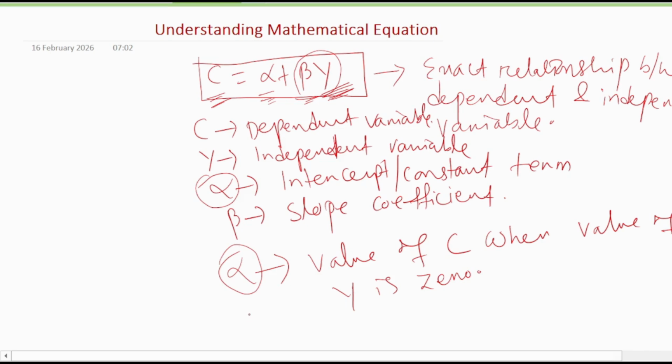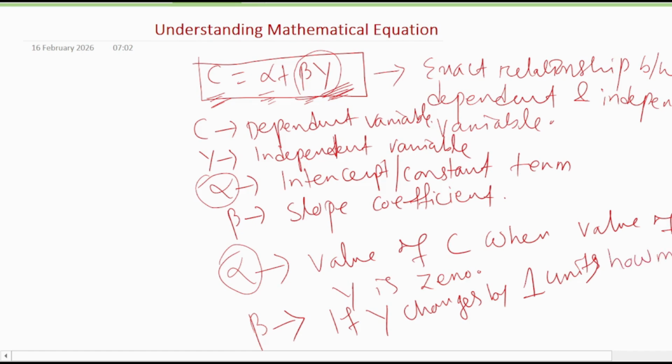What is the value of beta? Beta is the slope coefficient. This means if y changes by 1 unit, how much will C change?